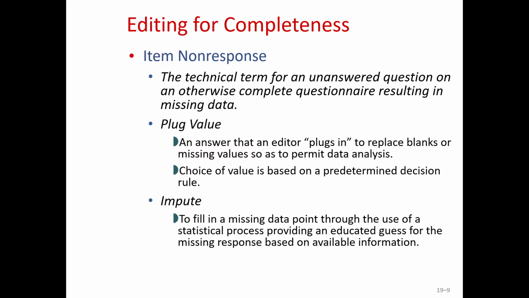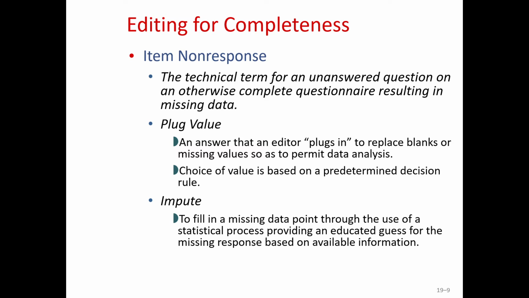Item non-response is the technical term for an unanswered question on an otherwise complete questionnaire. Missing data results from item non-response, and specific decision rules for handling this problem should be clearly outlined in the instructions. In many situations, the decision rule is to do nothing with the missing data and simply leave it blank.